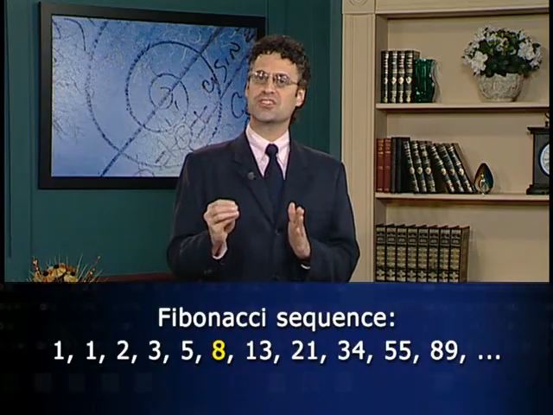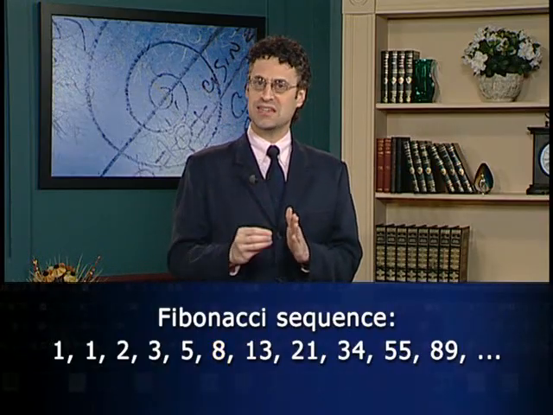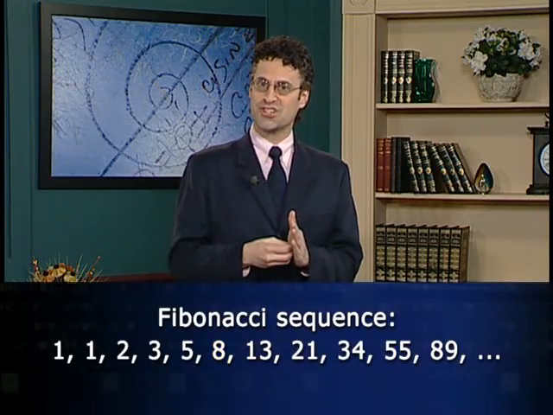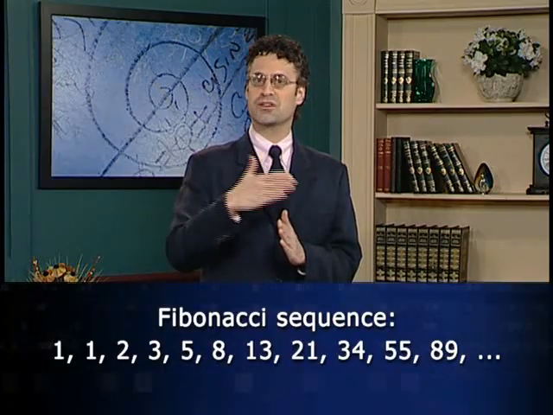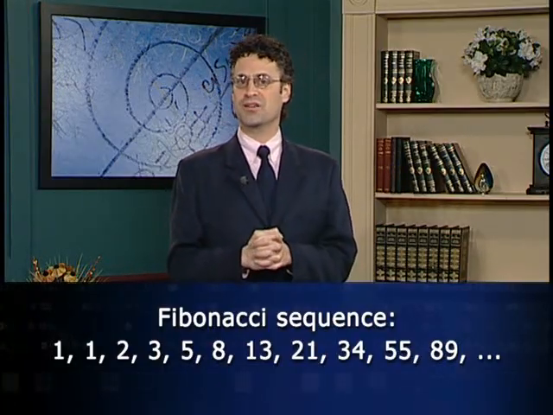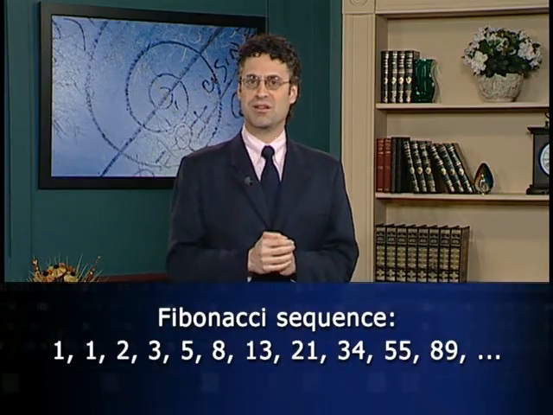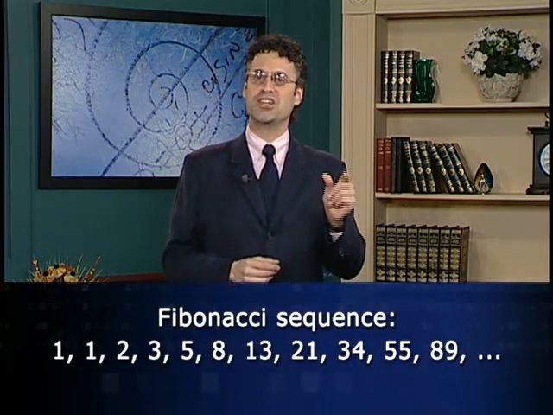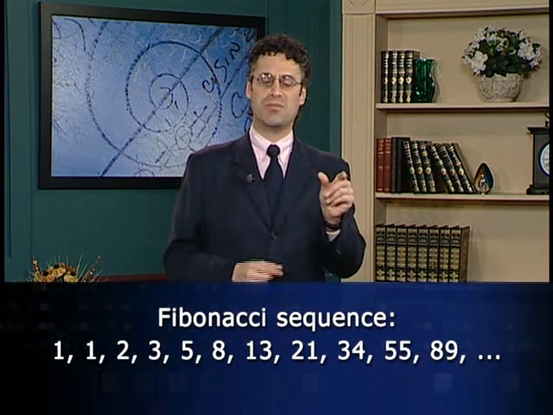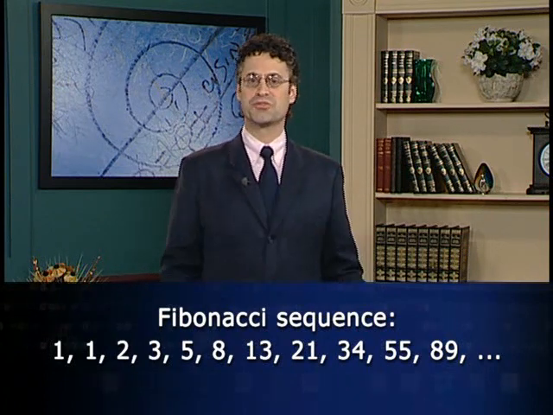And we know that that ratio, 13 to 8, is going to be very close to the golden ratio, which is very close to the conversion ratio for kilometers to miles. And so what I see here is that 13 kilometers is approximately 8 miles. So if you have a Fibonacci number of kilometers to convert it to miles, just look at the Fibonacci number that comes right before.